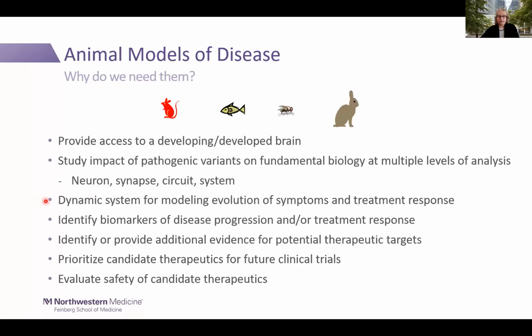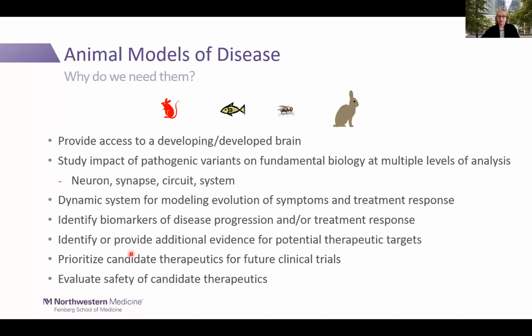In addition, it's a dynamic system where we can look at the evolution of symptoms over time. And we can also look at treatment response over time. If a treatment has a honeymoon period, but then wanes, we can model that in the animals. We can identify biomarkers of disease progression and look at treatment response with those biomarkers.